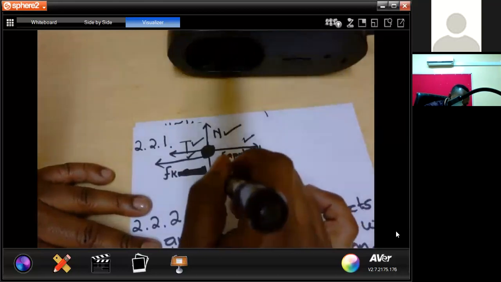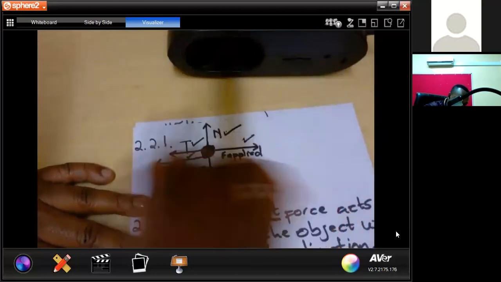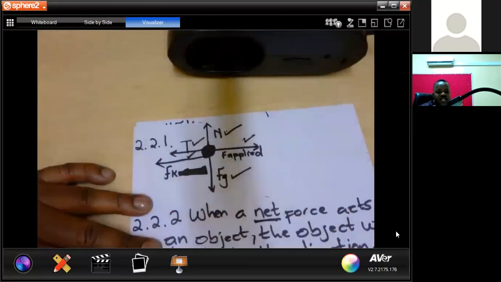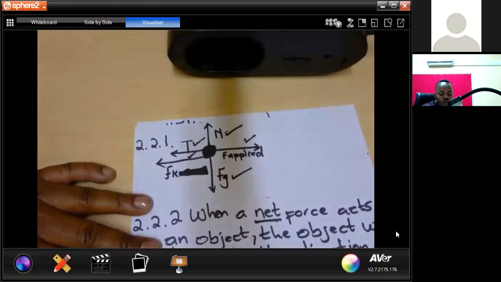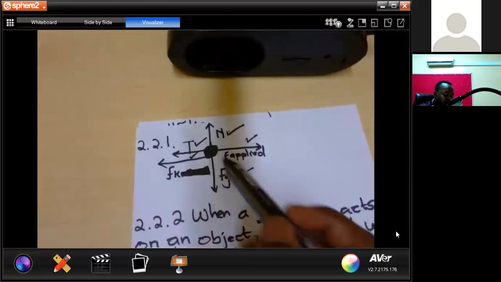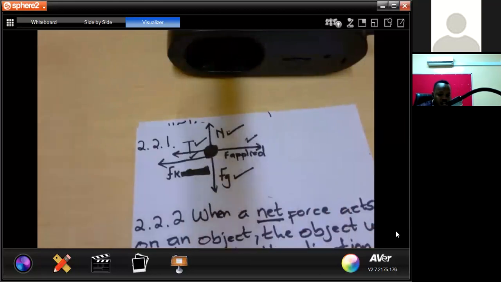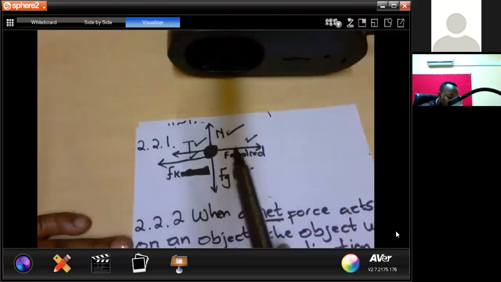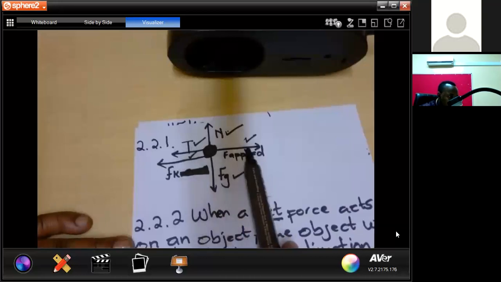They have the same magnitude, but they act in opposite directions. Now, if they act in opposite directions and the magnitude is the same, it means the net vertical force is going to be 0. But these forces are not balanced, and hence I have a net force, and hence the object is accelerating.